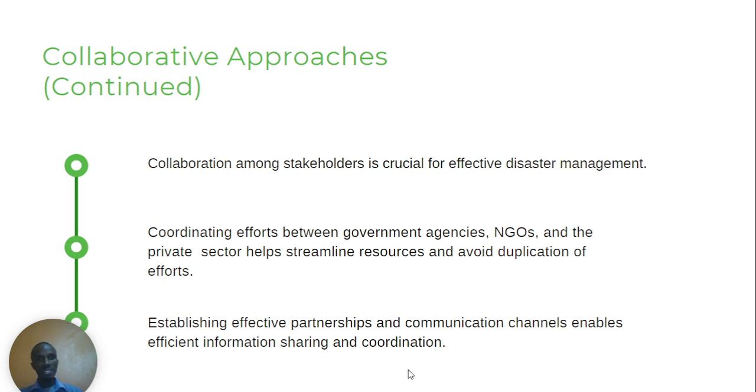Then establishing effective partnerships and communication channels enables efficient information sharing and coordination between these entities that are collaborating. So whenever there is collaboration amongst these stakeholders, it can only be sustained if there is effective partnership and communication channels.